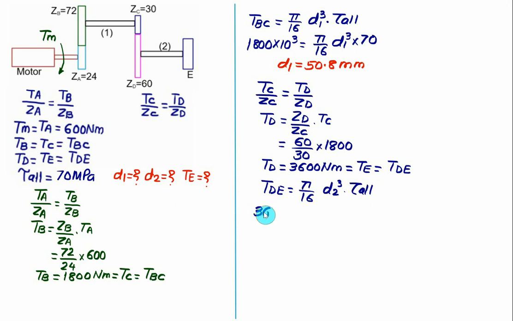So we have 3600 multiplied by 10 to the power 3 to convert into Newton mm, equal to pi by 16 multiplied by D2 cube, and allowable shear stress is equal to 70. Solving this, we can obtain the value of D2. The diameter D2, that is the minimum diameter, is close to 63.98 mm. So the minimum value you have to select is 63.98.